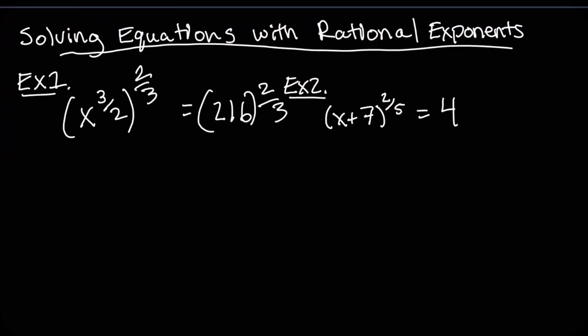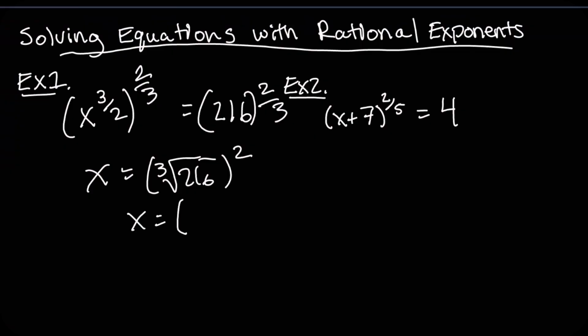So this will give us x is equal to the cubed root of 216 raised to the second power, or x is equal to 6 squared, or x equals 36.